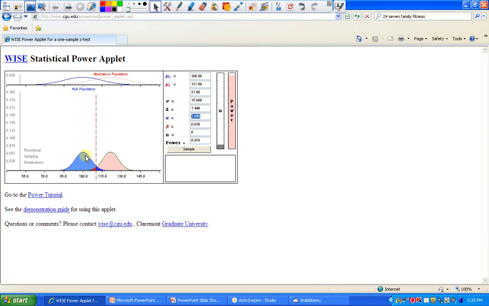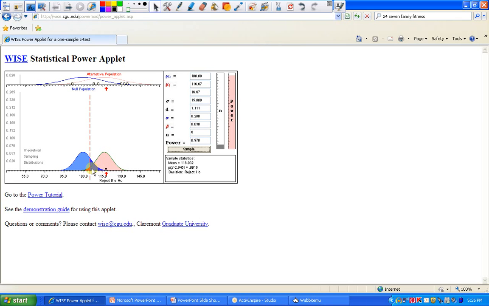If I increase alpha, let me increase it pretty large here to 0.2. Notice that this is my rejection region now. I increased alpha, which means that I'm going to reject more often.